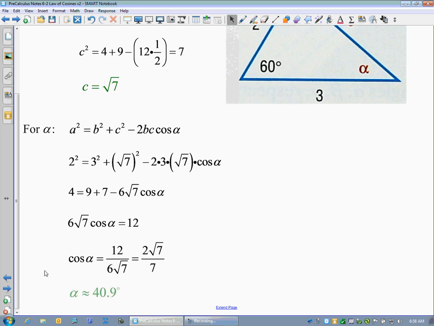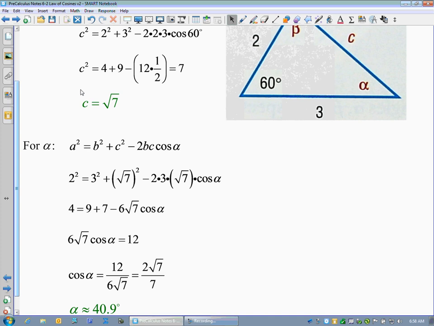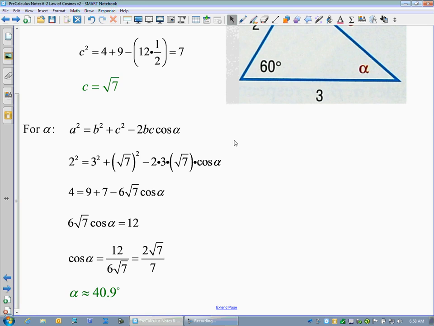Now, that certainly is a way we can get our alpha, but I do want to note that once we find the value of c in that first step, then we do have a side and angle pair. So if we have a side and angle pair, we could have actually used the law of sines for the second step, which might have been a little quicker.